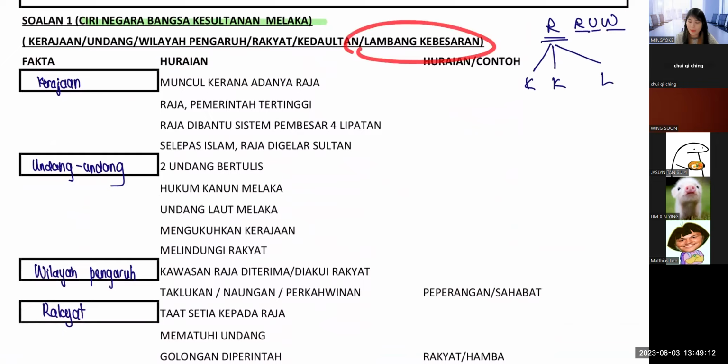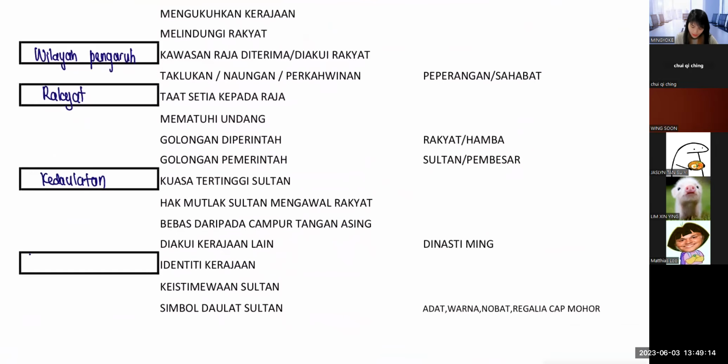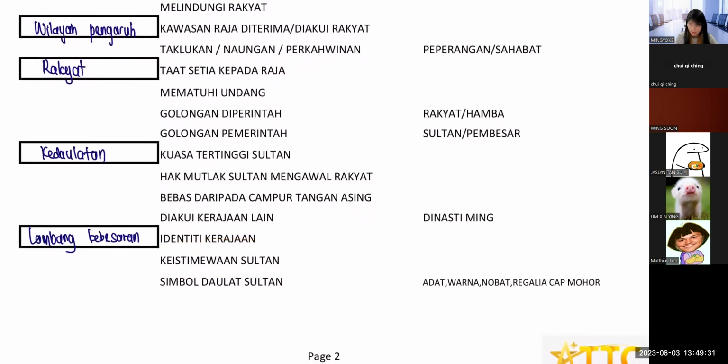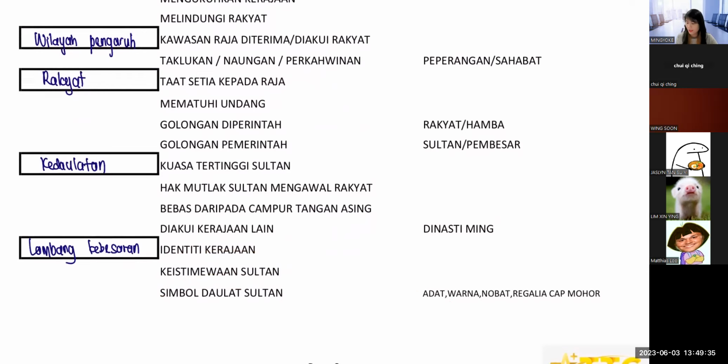And the last one is what? The last one is lambang kebesaran. Lambang kebesaran merupakan identiti kerajaan. Serta merupakan melambangkan keistimewaan sultan serta simbol kedaulatan sultan. Seperti adat, warna, nobat.